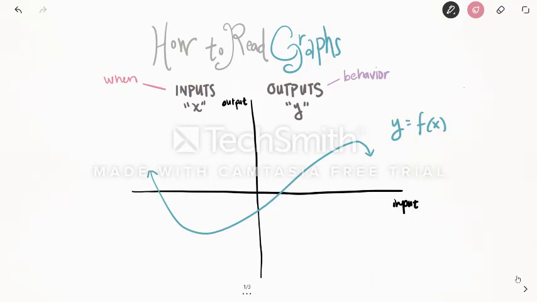So the word when is commonly used for describing input location, while the word what is commonly used to describe output location. A word that is used to describe either of these is where. Usually you might see it used for input values more. At least I know that I use where when talking about input values more often than when I'm talking about output values.